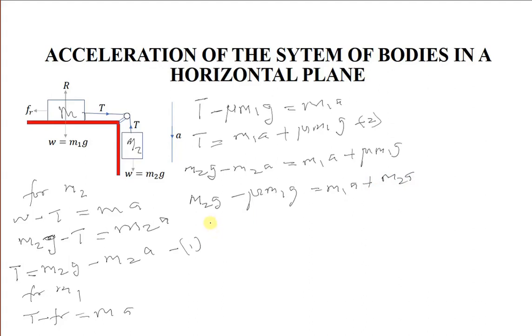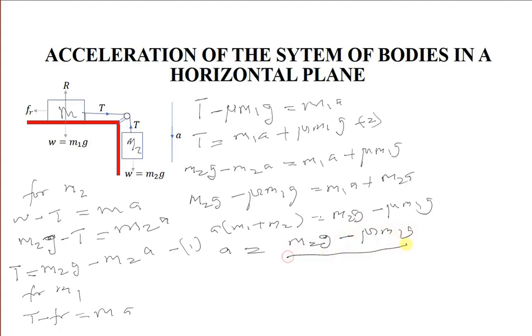So that will give me A into M1 plus M2, which equals M2G minus mu M1G. So the acceleration of the system will be M2G minus mu M1G over M1 plus M2.